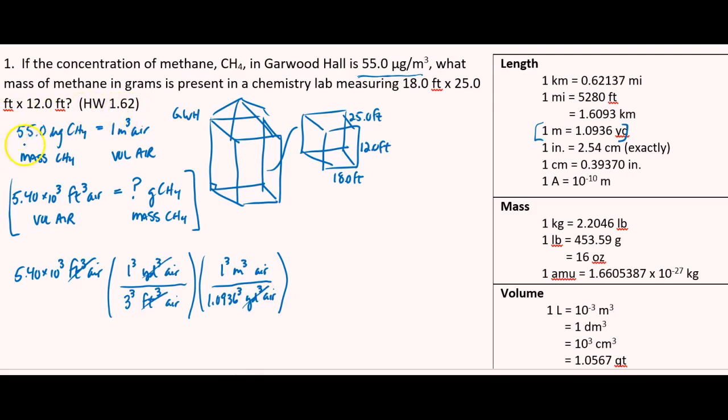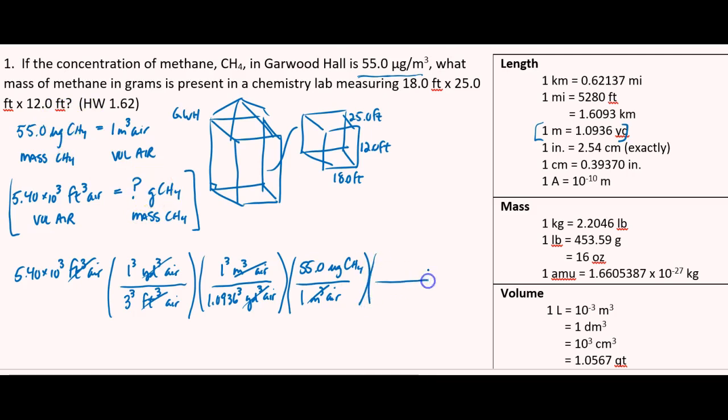Now we're in a position where we can use this conversion factor. For every 1 cubic meter of air, there are 55.0 micrograms of methane. And we're almost there. They didn't want the units in micrograms, they wanted the units in grams.